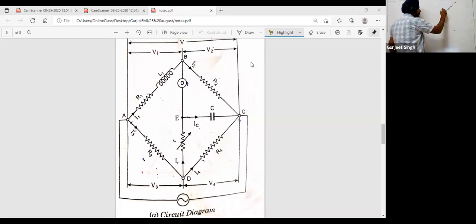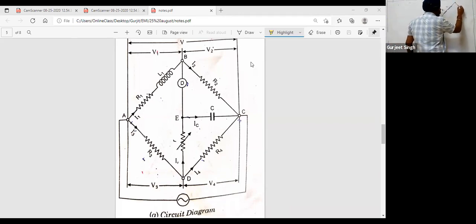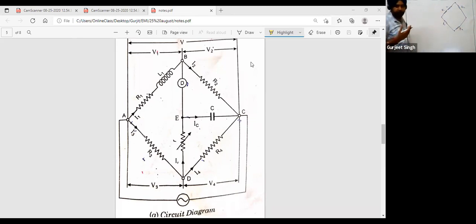These values we have to find out, R1 values or L1 values. Then we have this R2, that is the known resistance value. Here we have our R3 value. This is also the known value. Then this is the R4 value, this is also a known value. We have to find out the R1 and L1.